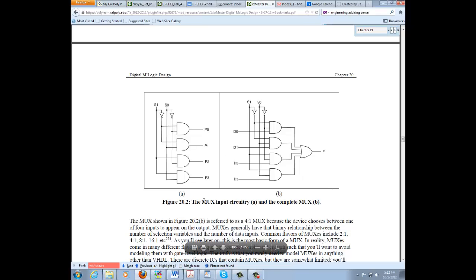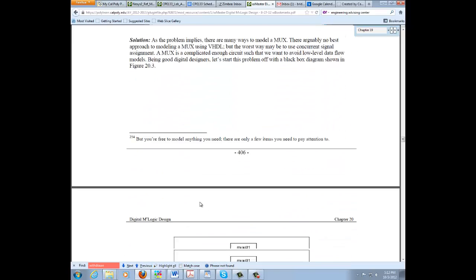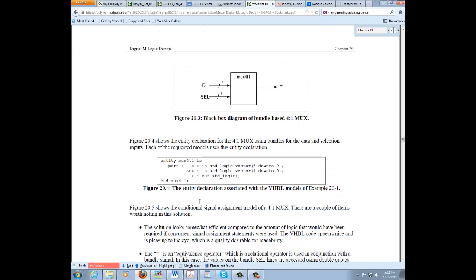So let's see what a mux looks like in VHDL. Here we have a mux called 4T1, which has a 4-bit input, a single-bit output in this case, and a 2-bit select line. What this mux does is select which one of these 4 bits to send out to the output. Here's the entity declaration.